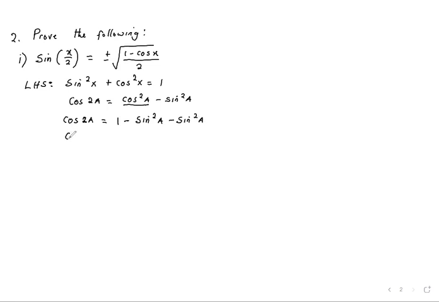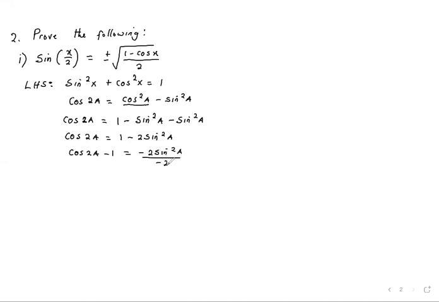This is the same as cos 2a giving us 1 minus 2 sine squared a. And then we take this one to the other side, so that we have cosine 2a minus 1 is equal to negative 2 sine squared a.